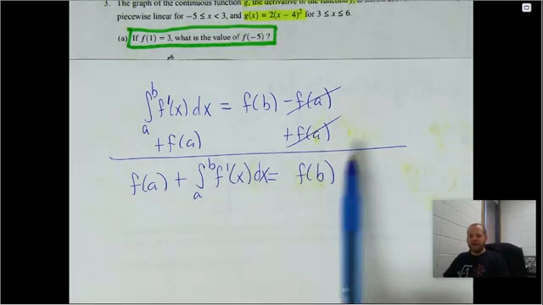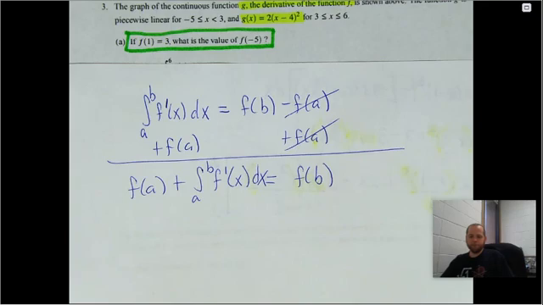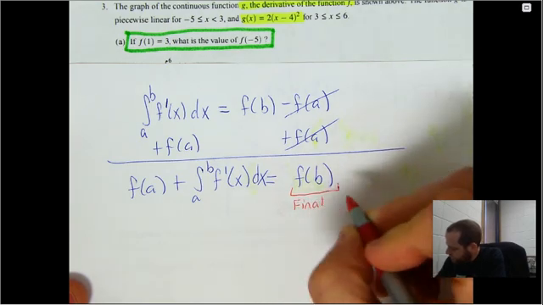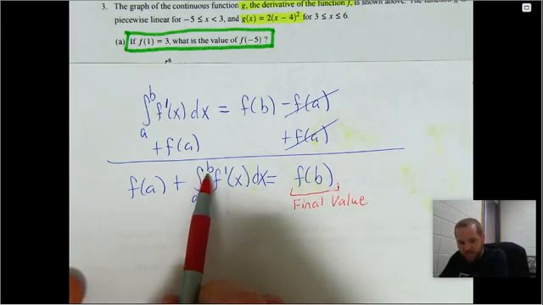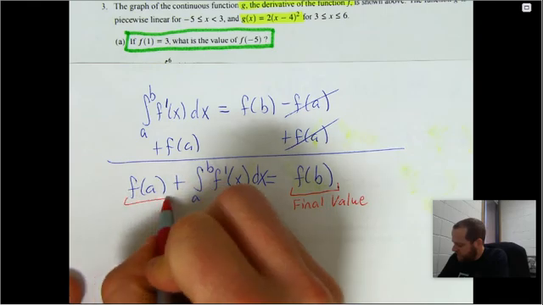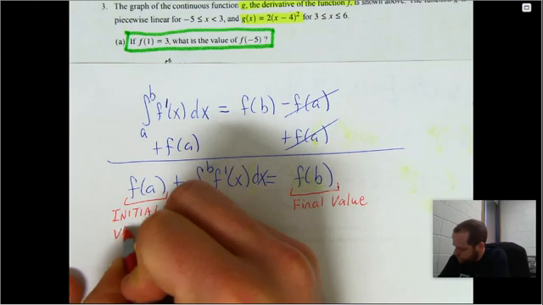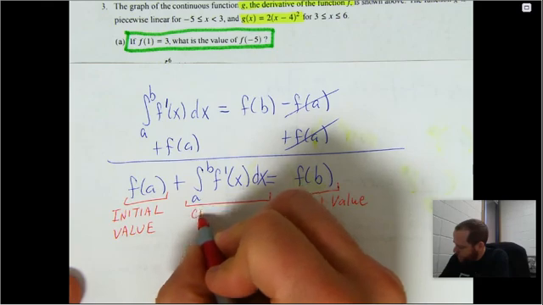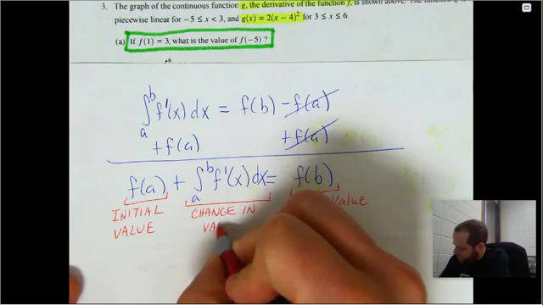So now I have a function that is an integral defined function, okay? And the way I remember this is that essentially this is the final value, f of b, because notice b is at the end of the interval, is the initial value plus the change in the value.